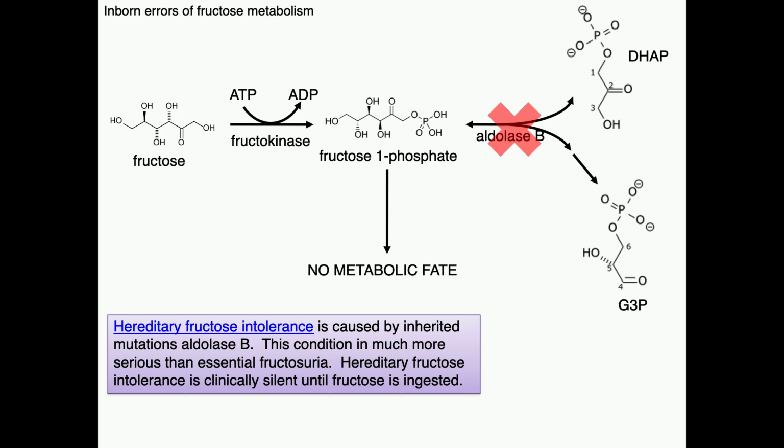And it will be preceded by ingestion of some food that has fructose. People with hereditary fructose intolerance, an infant who's only drinking milk, it's not going to manifest while they're still on the milk, but it'll manifest when they wean and start eating regular foods. So the symptoms that result from the aldolase B deficiency are going to be dependent on ingesting fructose in the diet.